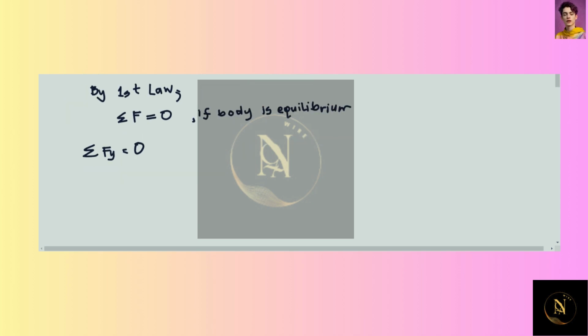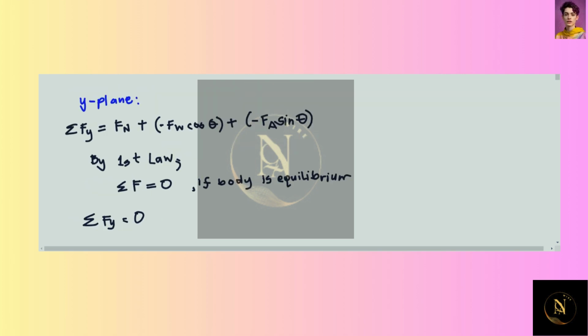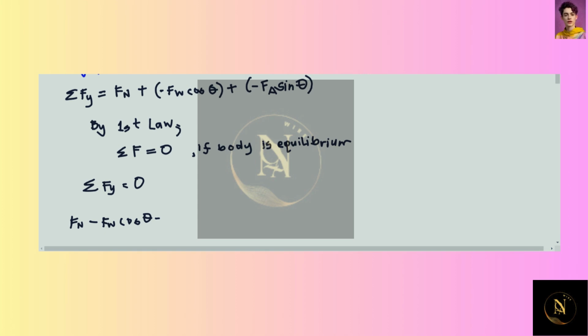Now, we have Fn minus Fw cosine theta minus Fa sine theta is equal to 0.